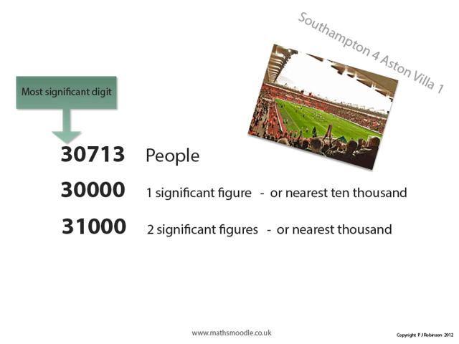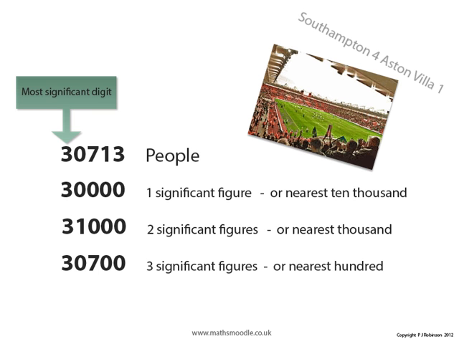We may continue rounding to three significant figures, using the first three significant digits, 3, 0, 7, and looking at the 1 to see if we would round up or keep the 3, 0, 7. In this case, we would obtain 3, 0, 7, 0, 0 to three significant figures.